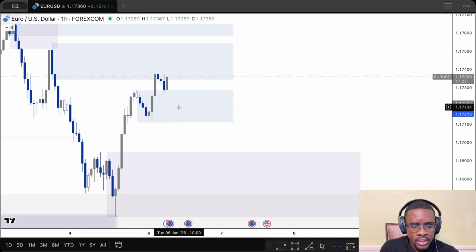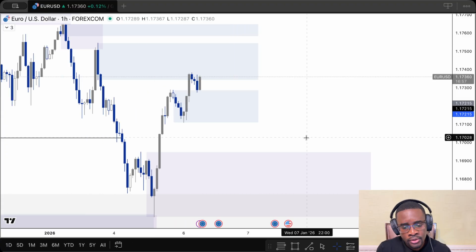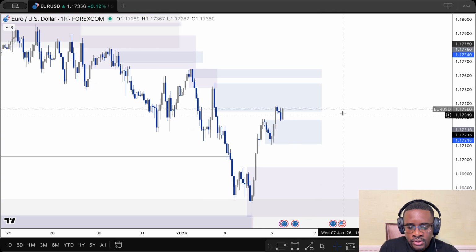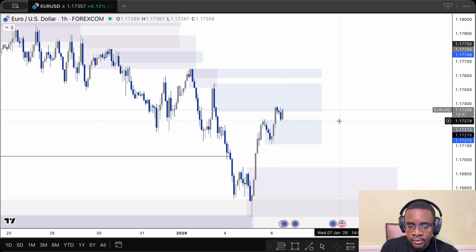So the expectation now is we go for longs. Now, obviously, there will be a bit of resistance, so the price may not just blast through this supply area. It might push in and then react.